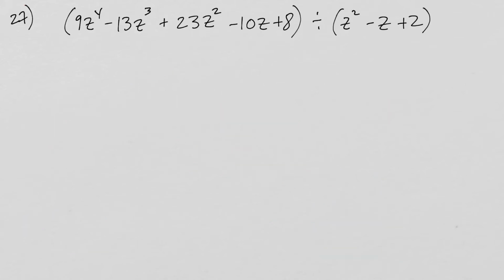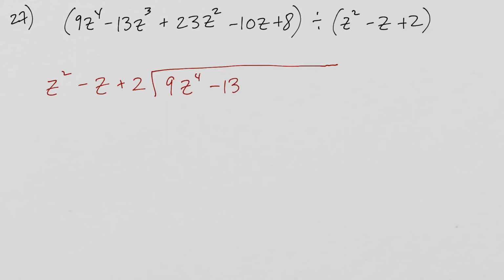Okay, so I'm going to put the bottom into the top. I've got z squared minus z plus 2 into 9z to the 4th minus 13z cubed plus 23z minus 10z plus 8.